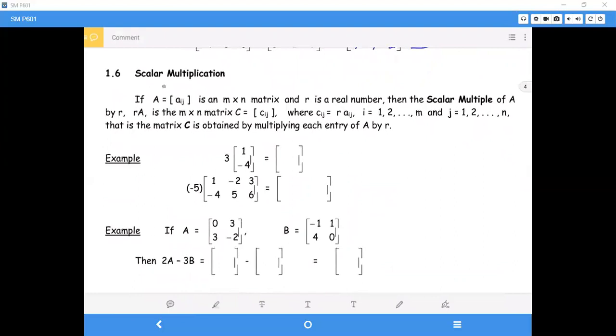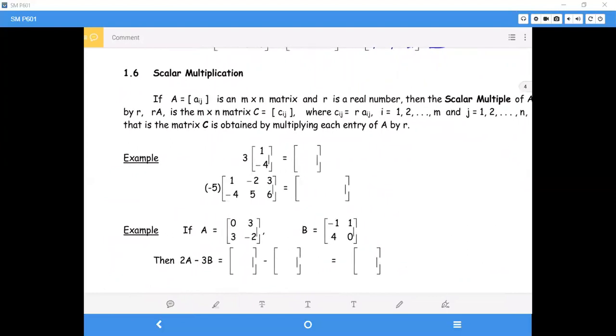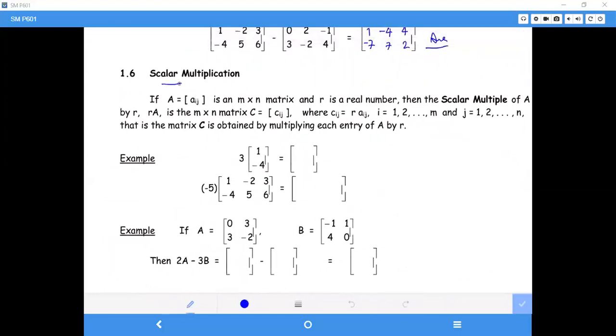1.6. Now we are at the topic. 1.6 is scalar multiplication. When you see this word scalar, if you study a bit about physics, I know you study physics, and you should be very good because your physics study is very professional.